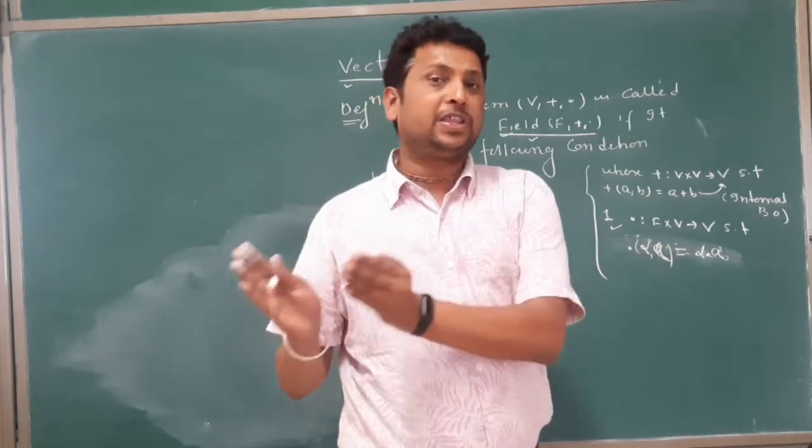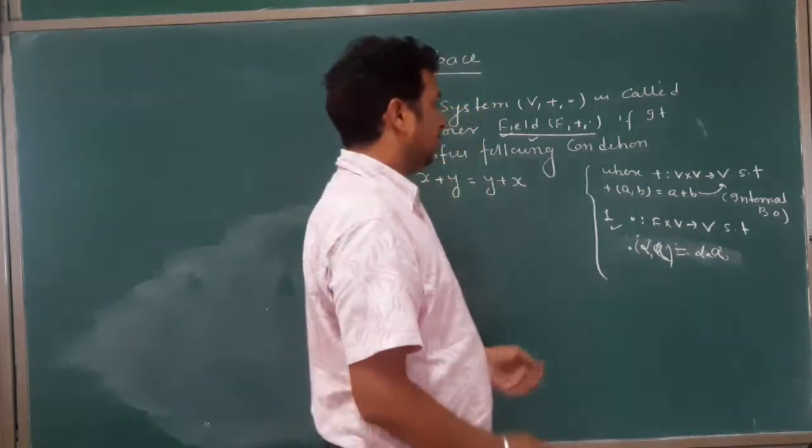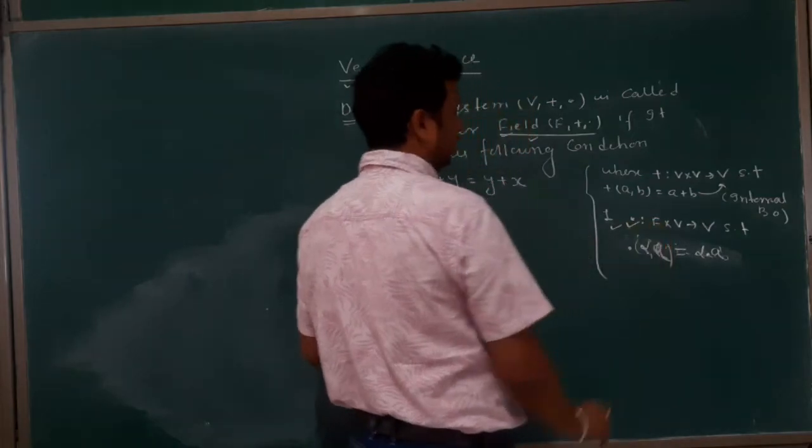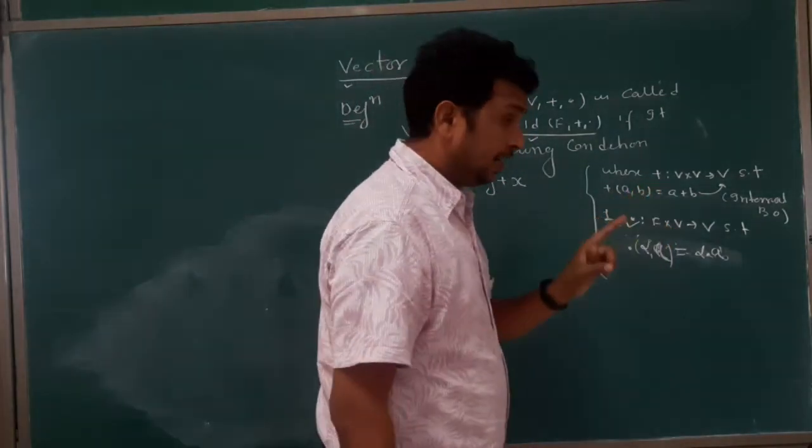When you multiply, what is the resultant? A vector. So the same type. This is called an external binary operation, and the other is called an internal binary operation.